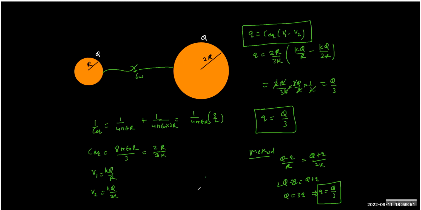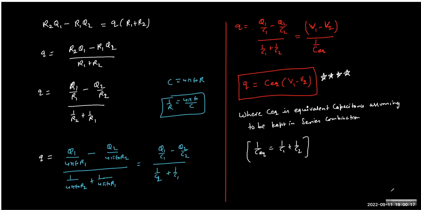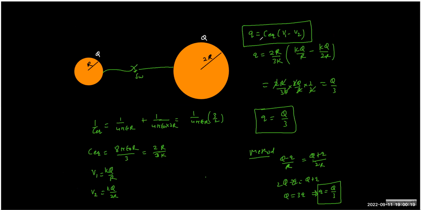So now the next question that they will ask you is if you know the new charge distribution. I will tell you when this is useful. This is only useful when they generally give potential instead of charge or radius.